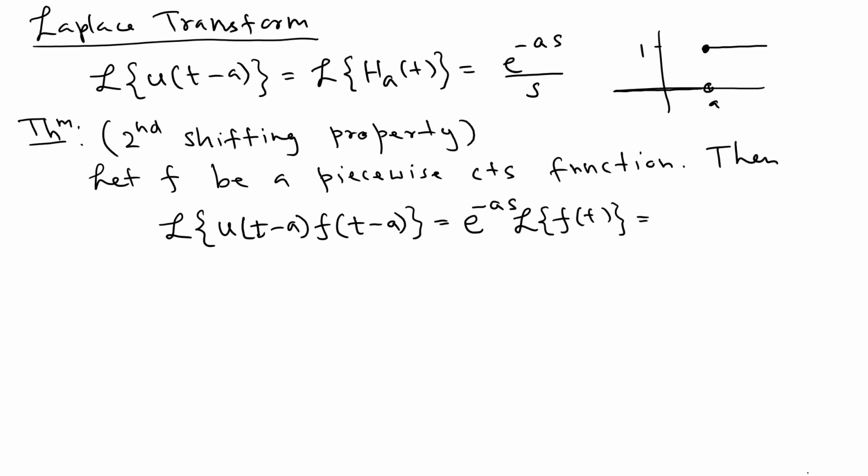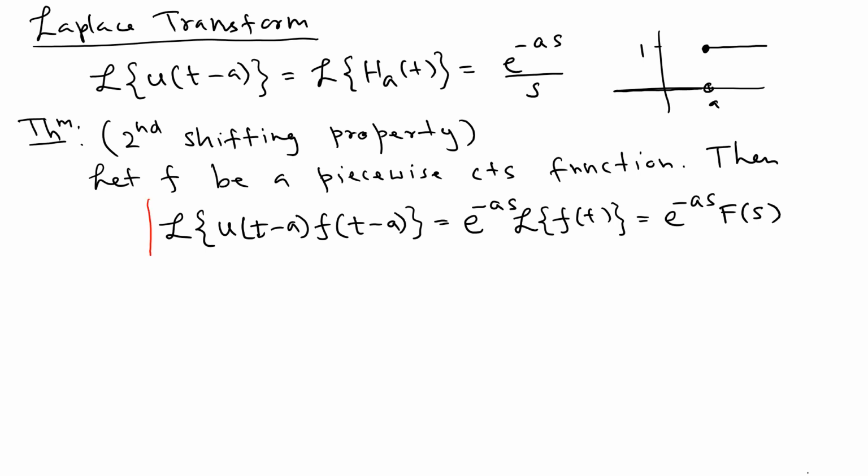In other words, this is e to the minus as times F(s). So you think of the Laplace transform of the original function without the minus a part, and then you simply multiply by e to the minus as. So that's the formula.